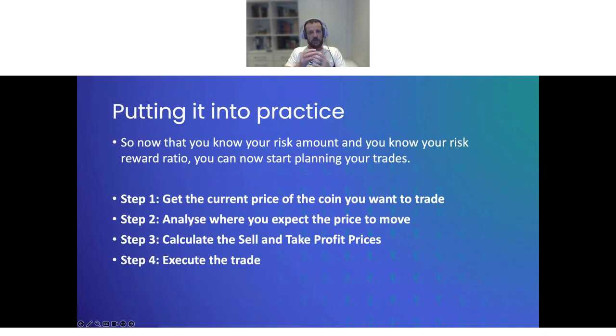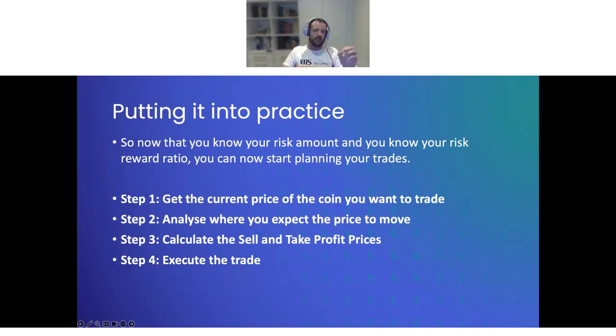You would do some analysis on that project to figure out where you think that price is going to move. So is it going to go up, and how far do you think it's going to go up? Based on that, you would then calculate your sell and take profit prices, and then you would execute the trade.